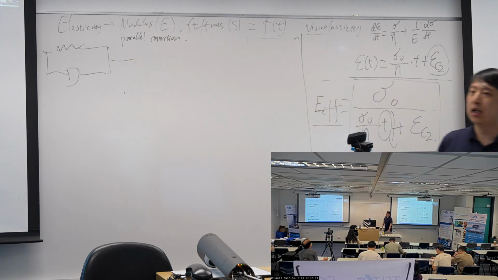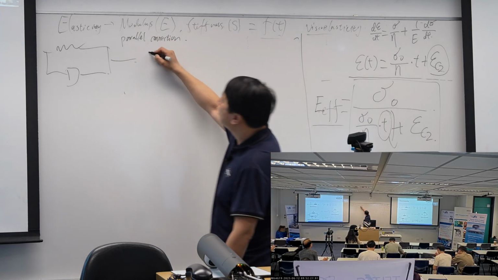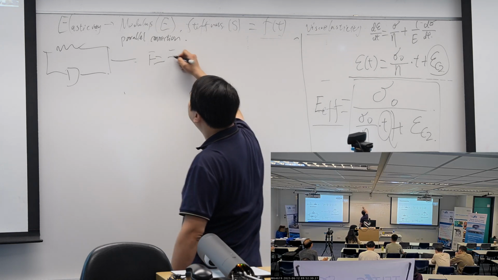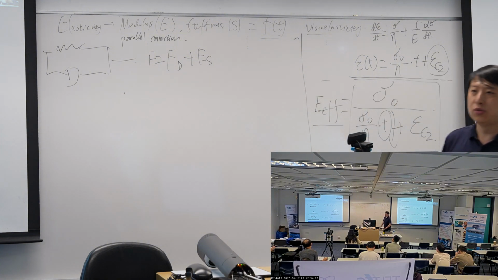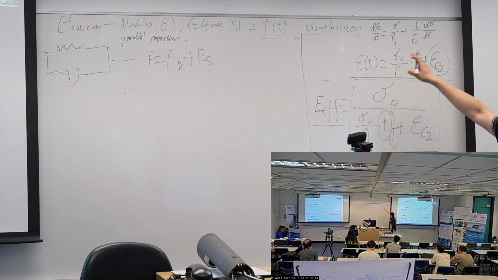For parallel connection, the force is a combination of the damper part and the spring part. We use the same terms, sigma and epsilon.